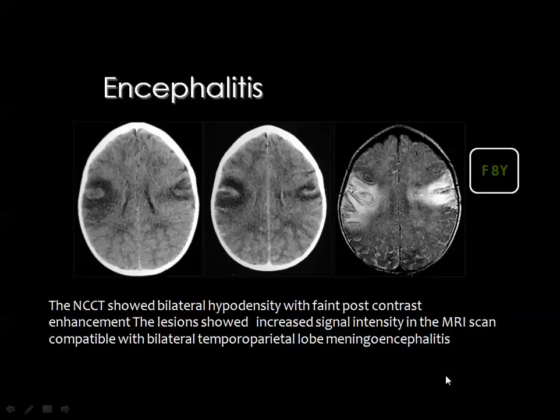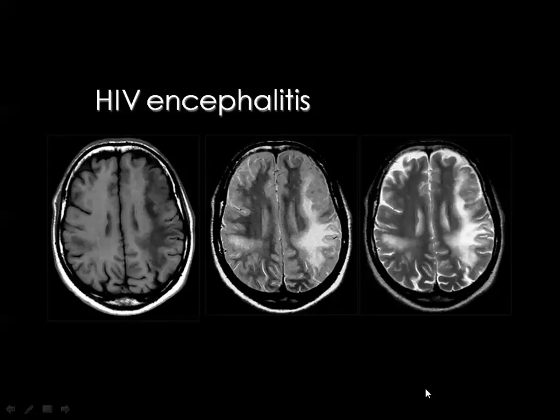And this is also a case with non-contrast CT, post-contrast CT, and MRI FLAIR weighted image showing bilateral, non-symmetrical cortical and subcortical lesions with some post-contrast enhancement, and this may be seen in some cases of encephalitis.